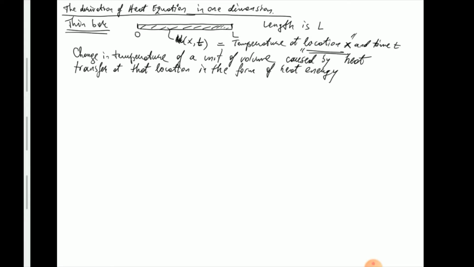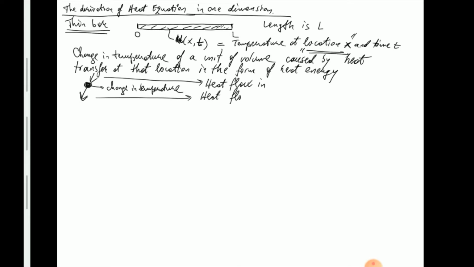If you want a very intuitive understanding of this idea, imagine, for example, a piece of the material, just a tiny point here. If this point changes its temperature in a certain amount of time, either up or down, that's because there's a change in the heat flow in and heat flow out.